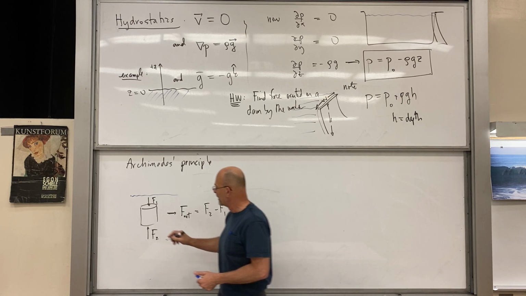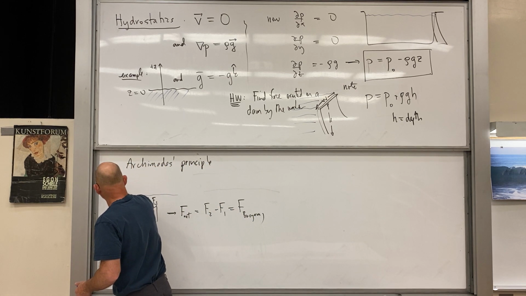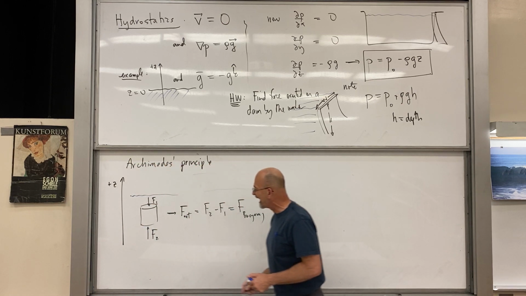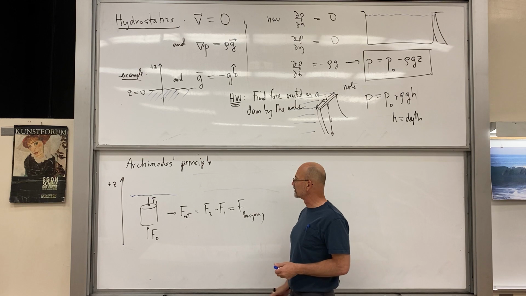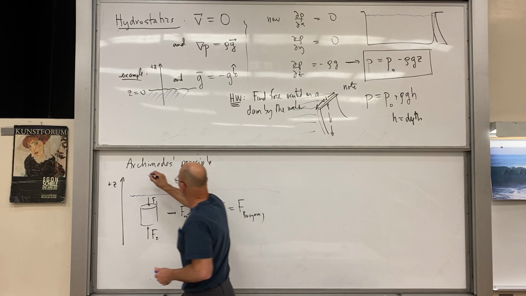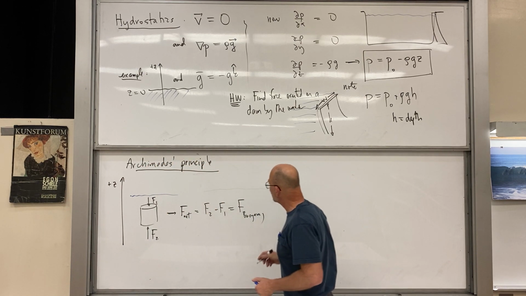That is to say, if you didn't have, there's our Z direction again, if you had no gravitational field, then you wouldn't have a buoyancy force. So that's good to know. Let's do the integral, though.